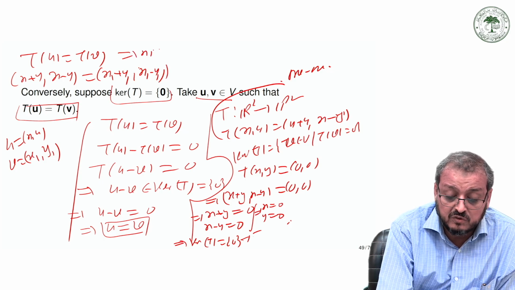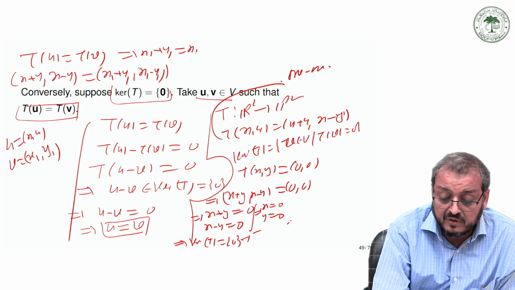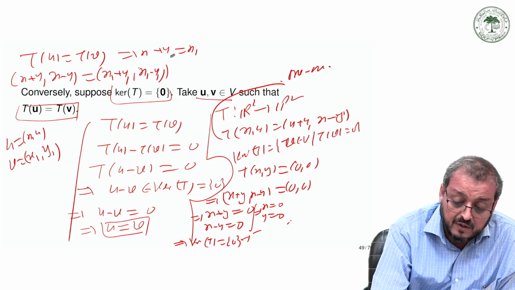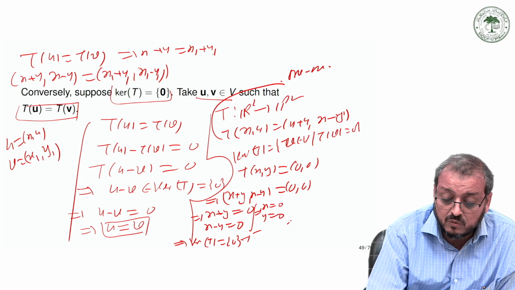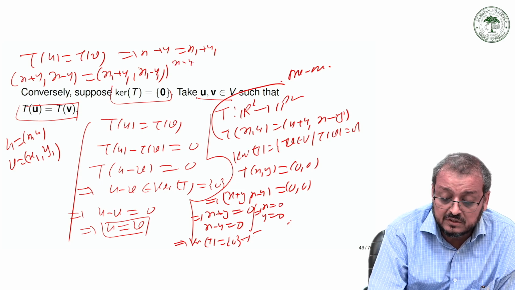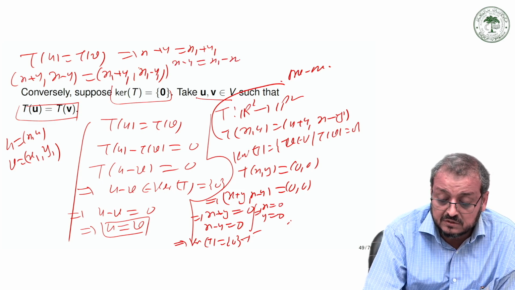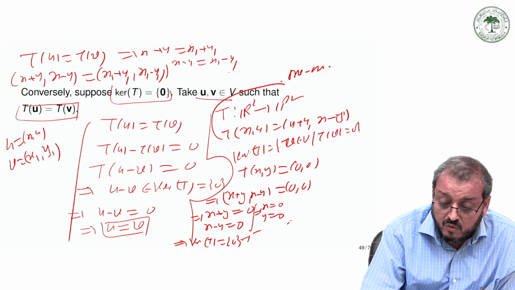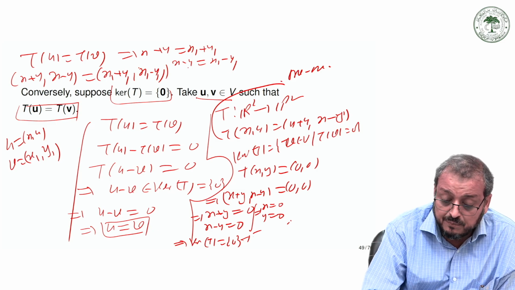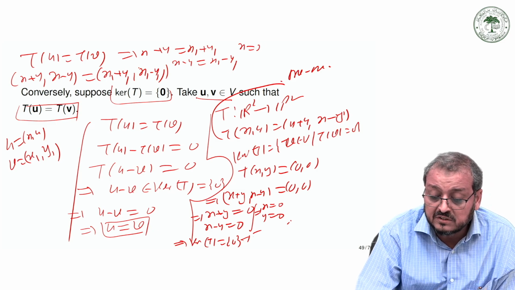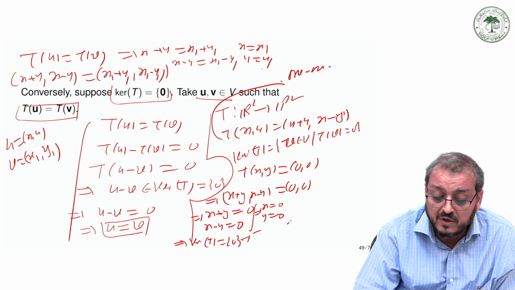We can say that x1 plus y1 is the same as x plus y, and x minus y is the same as x1 minus y1. If we simplify these two, we get x is equal to x1, y is equal to y1.